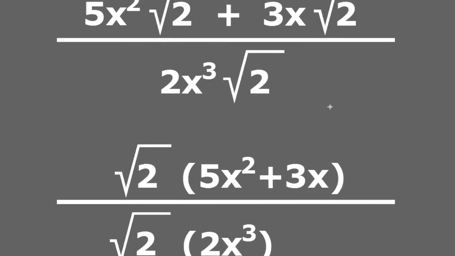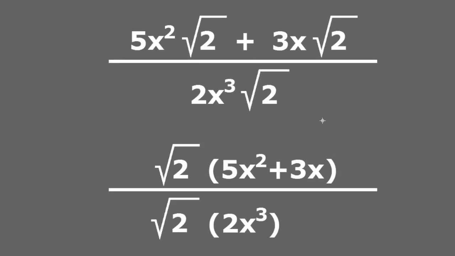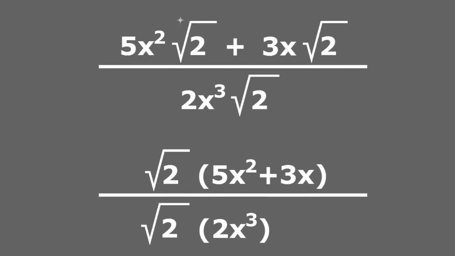So now I can factor the numerator. I have a common factor on both terms, which is the square root of 2. So I factor the square root of 2, and it becomes square root of 2 multiplied by parentheses 5x squared from the first term plus 3x from the second term. And in the denominator, I have 2x cubed multiplied also by the square root of 2.